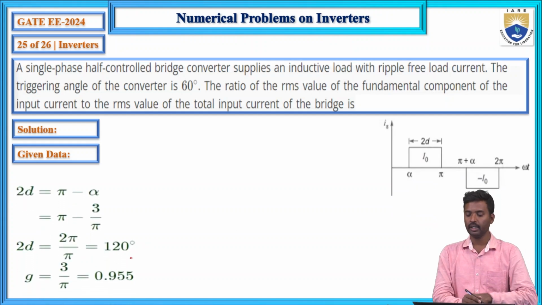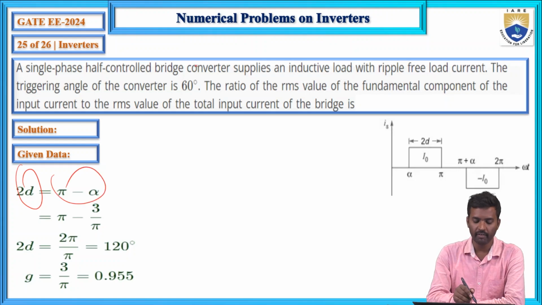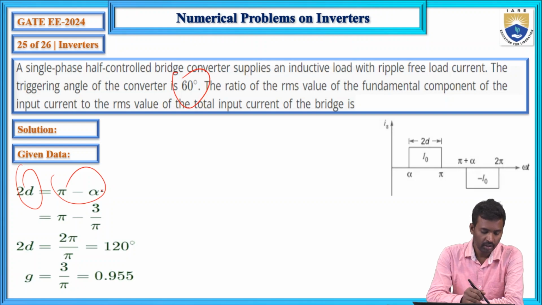So here 2D equals pi minus alpha. Now alpha value is given, that is pi by 3. So 2D equals 2 pi by 3, that is 120 degrees.